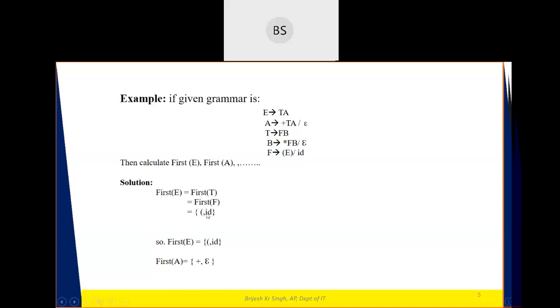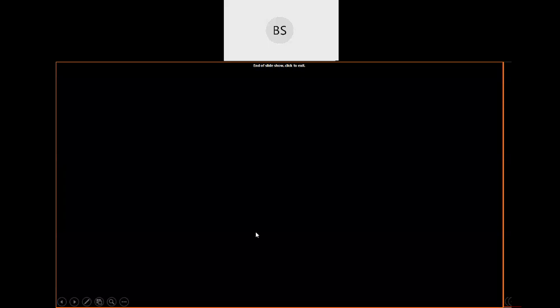Now calculate the FIRST of A. See the production rule A produces plus T A. Plus is a terminal symbol, so FIRST of A will be plus. If you consider the production A produces epsilon, in that case FIRST of A is epsilon. Then FIRST of A will be plus, comma, epsilon.